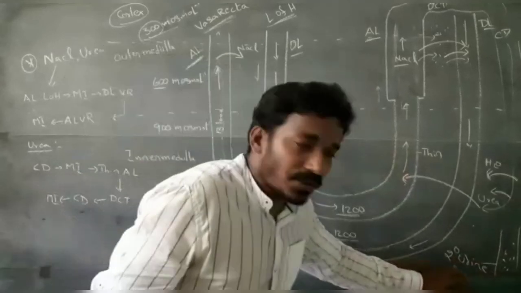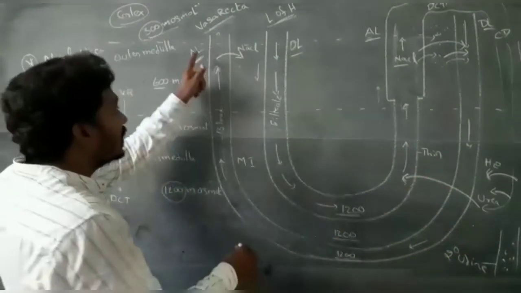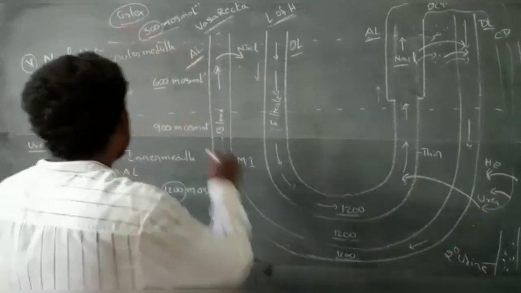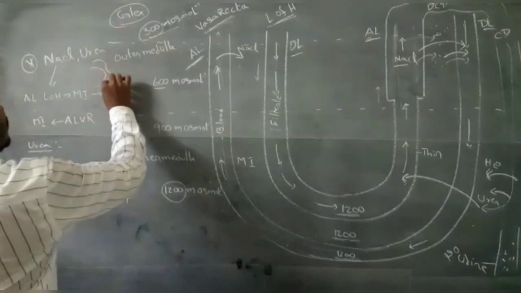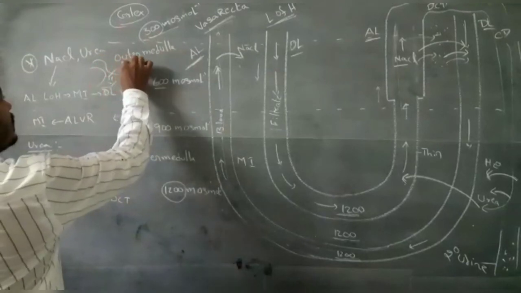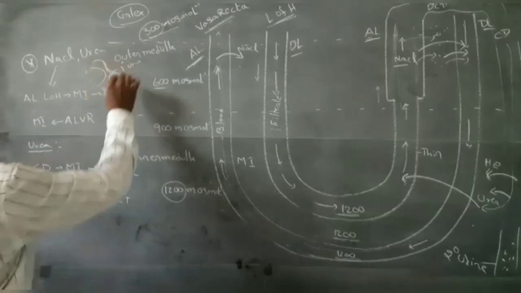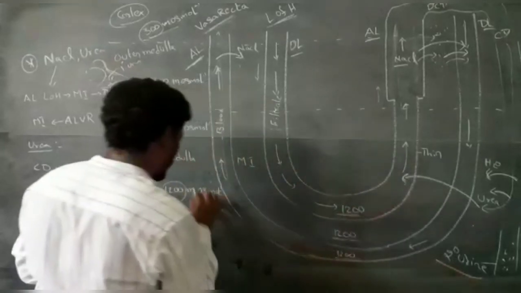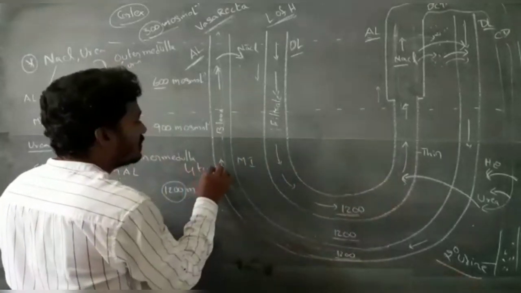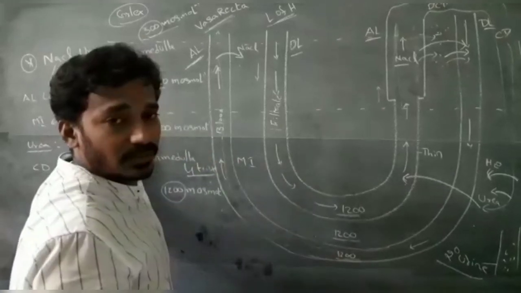This secondary urine is 4 times more concentrated than the primary urine. The filtrate in the Bowman's capsule is called primary urine.